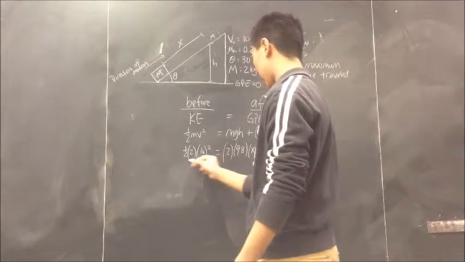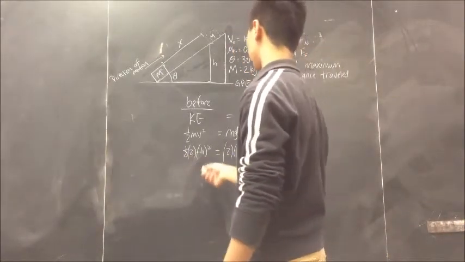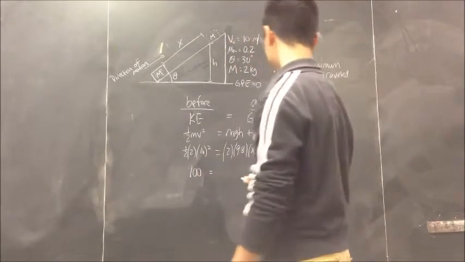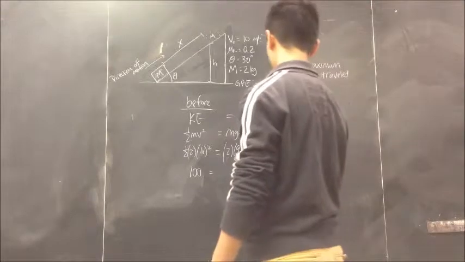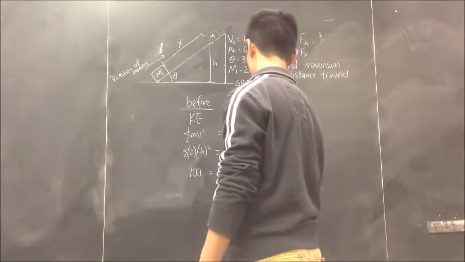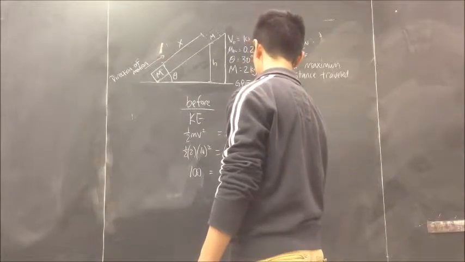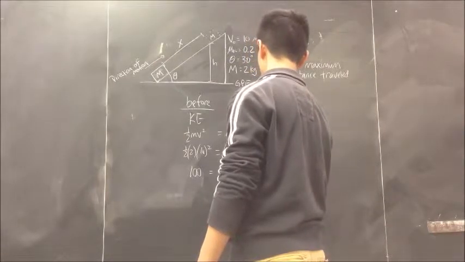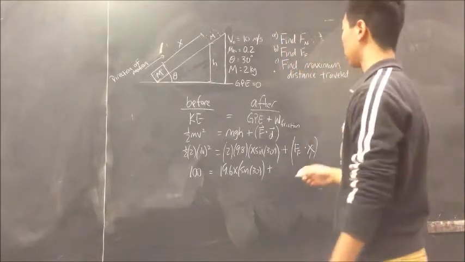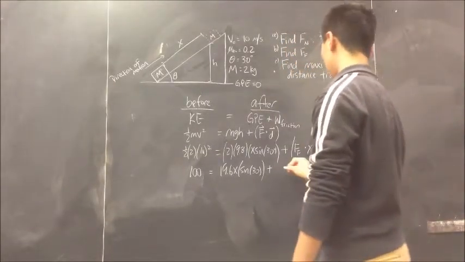So on the left side, 1/2 times 2 is 1, times 10 squared is 100. This equals 19.6 x times sine 30 plus the force of friction we found previously to be 3.39 times x.